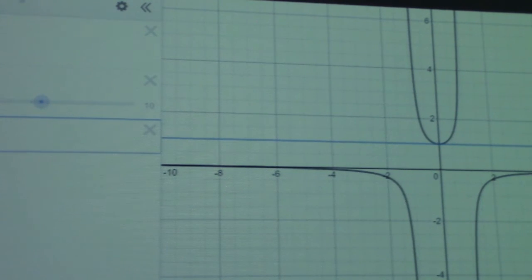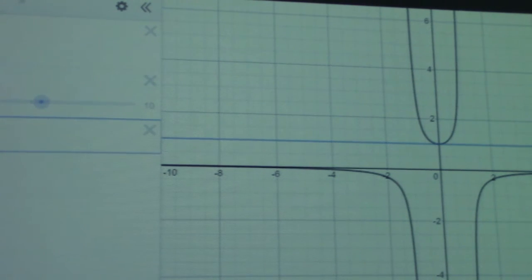Is t1 0? T1's not 0. T1 is equal to 1 again, because T1 is f of 0 plus f prime of 0 times x. So T1 of x is equal to 1 again. It's a quirk of this function that T0 and T1 are the same thing.